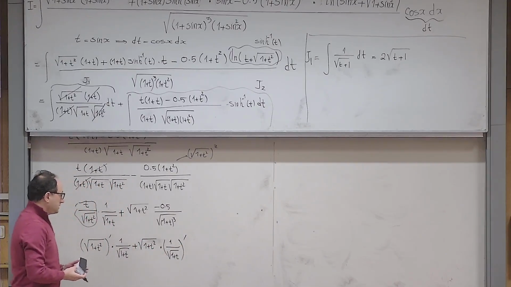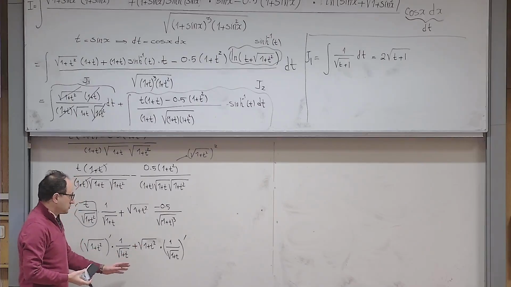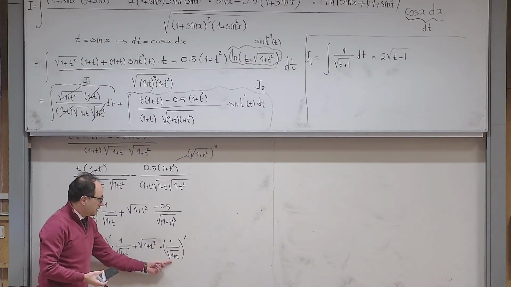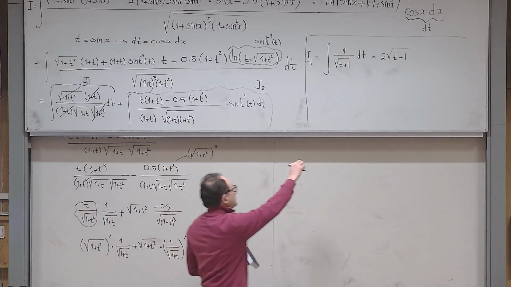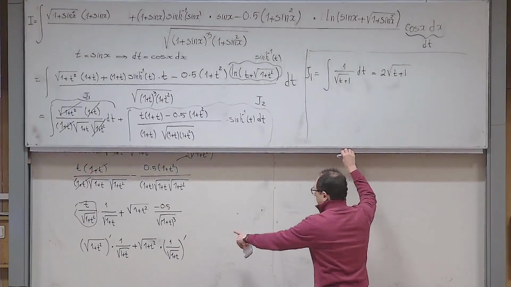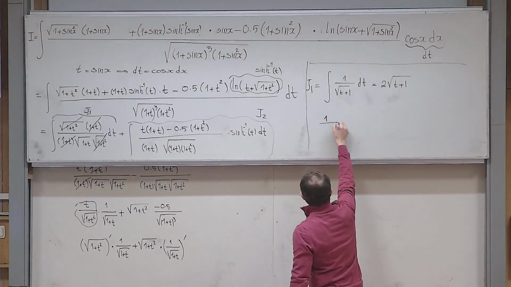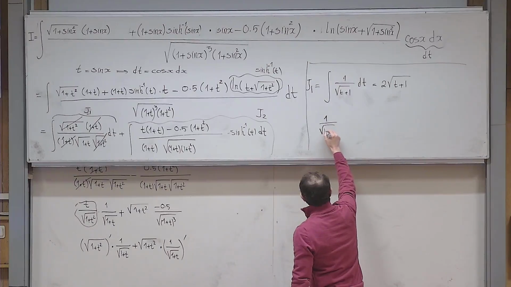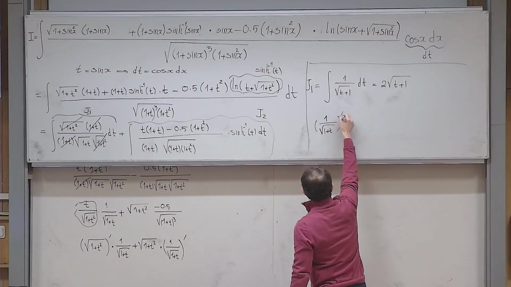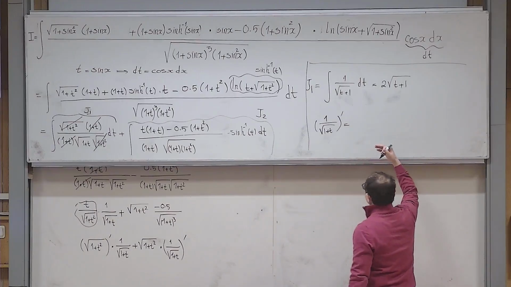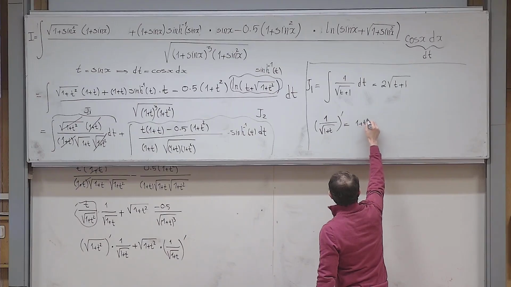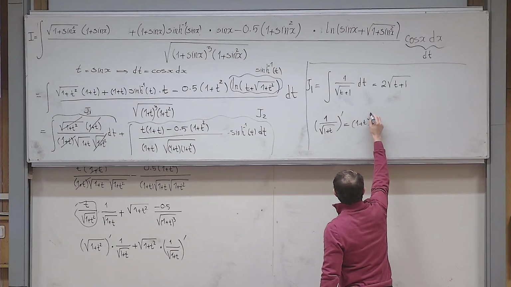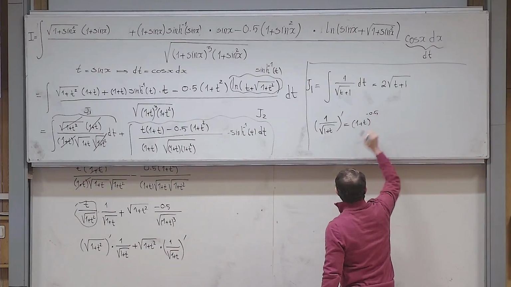First of all, let me convince you that what I have done is right. Meaning that, let me differentiate this function and convince you that this is exactly this expression. I can do it here. So I want to calculate the derivative of this expression. If you are experienced, these kinds of calculations are more or less instant. So this one, I can write it as 1 plus t to the power of minus 0.5.